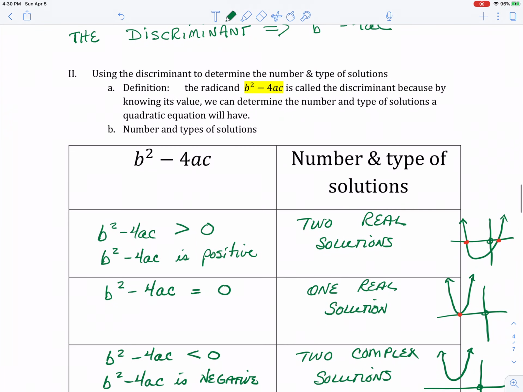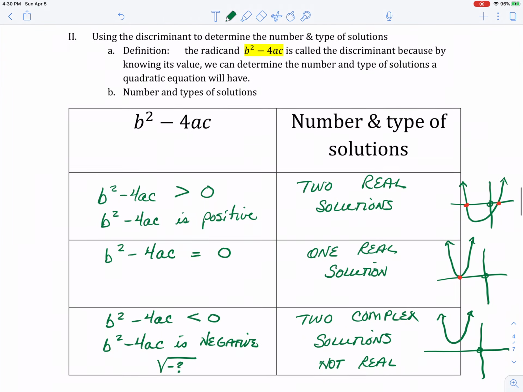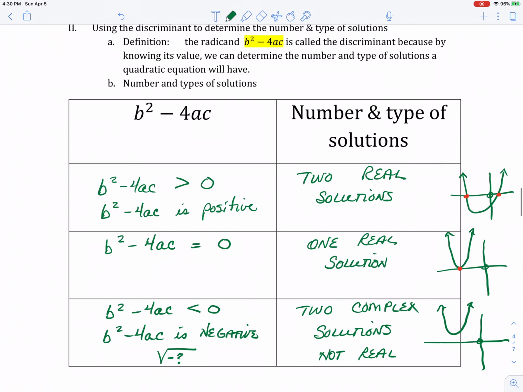So I've listed down here, let me scroll down and let you look at this chart. Again, the discriminant is this b squared minus 4ac. So if that discriminant turns out to be positive, that is greater than 0, we are going to expect 2 real solutions.